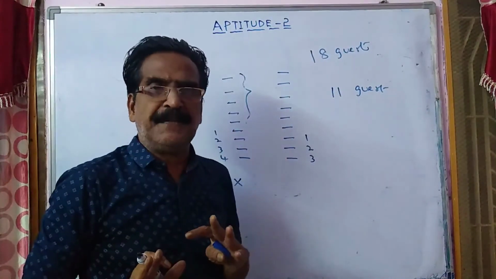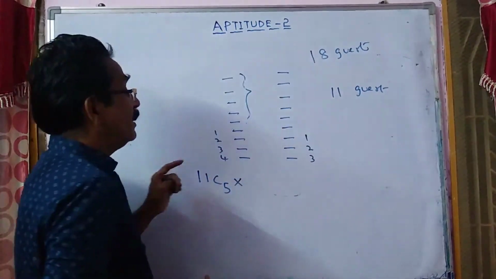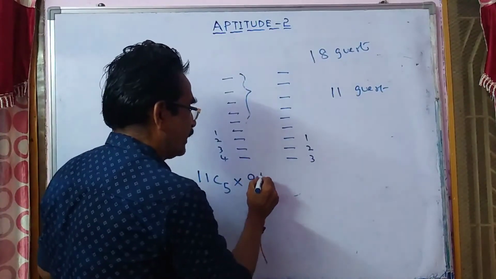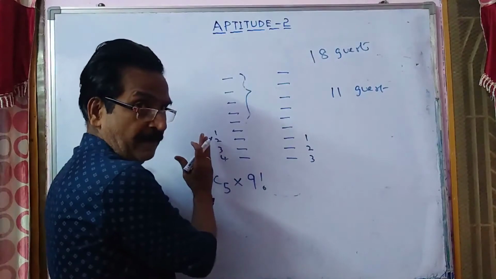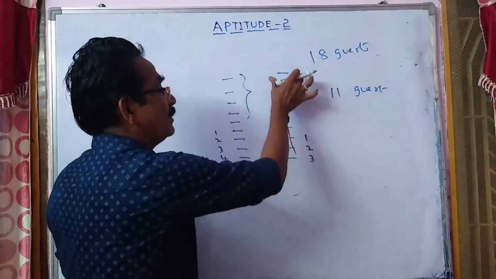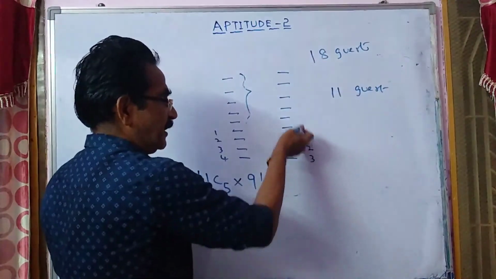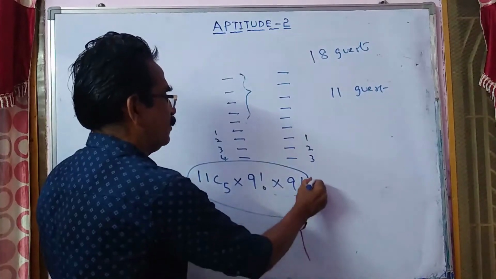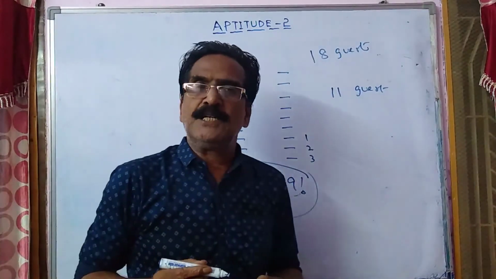Total seating is completed. Now these 9 people can be permuted in 9 factorial, and these 9 people can be permuted internally in 9 factorial. So this is your answer, friends. 11C5 into 9 factorial into 9 factorial.